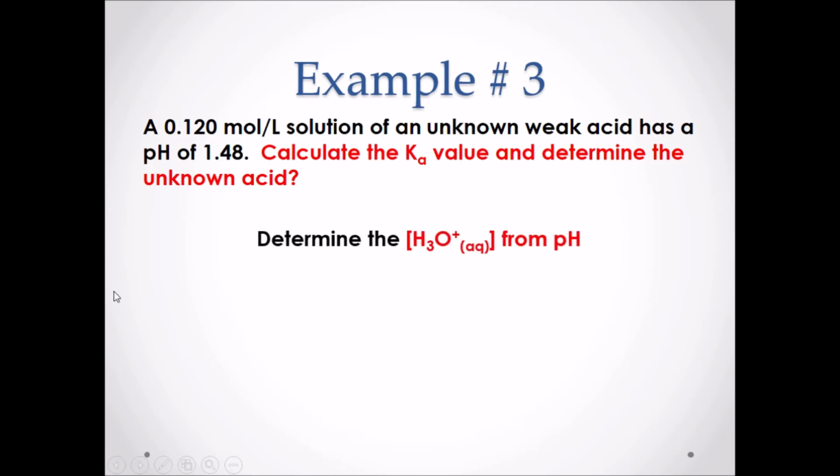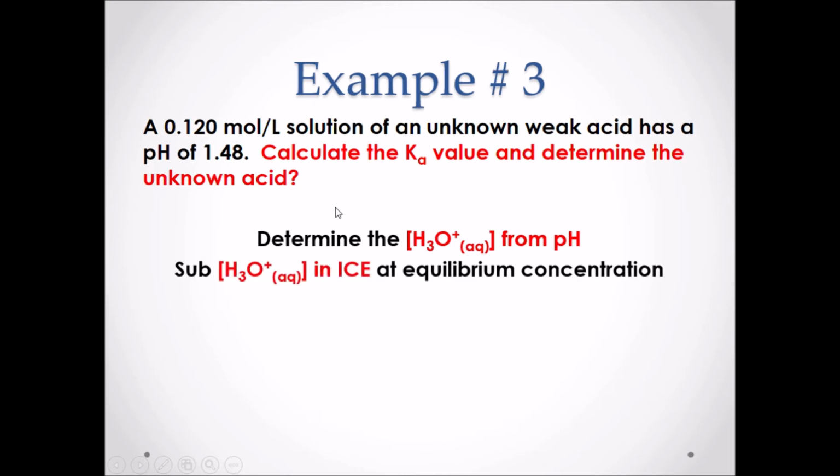Okay, we are back. First up, we have to determine the concentration of H3O plus from our pH value. Remember, the concentration of H3O plus for a weak acid is the equilibrium concentration.